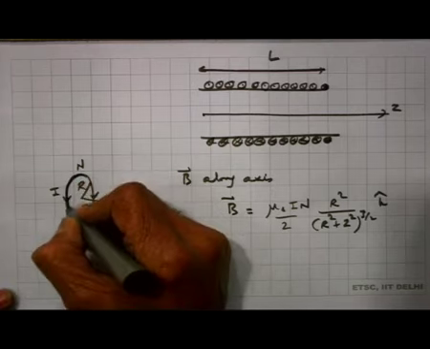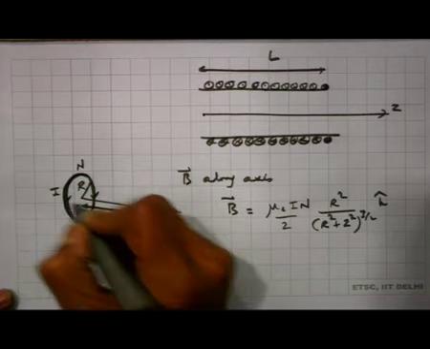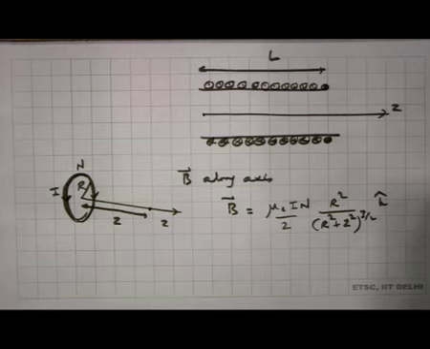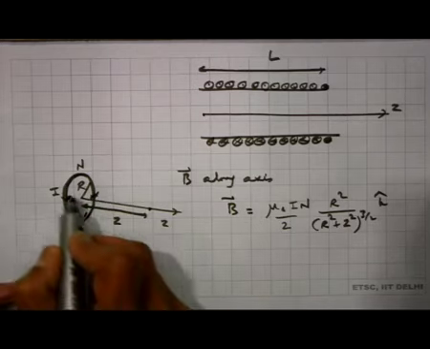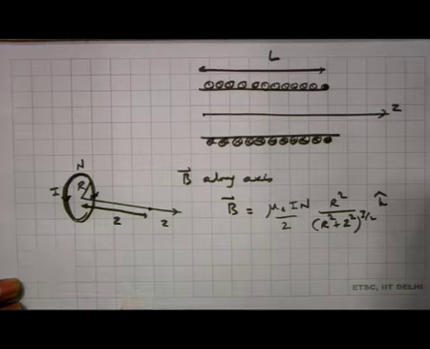There are n loops here, very closely wound, each wire carrying current I, and I am calculating the magnetic field along the axis of this loop.